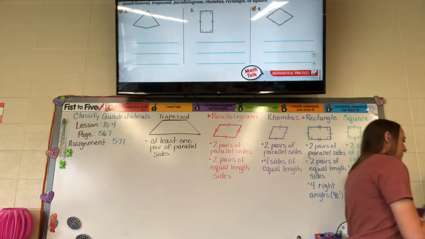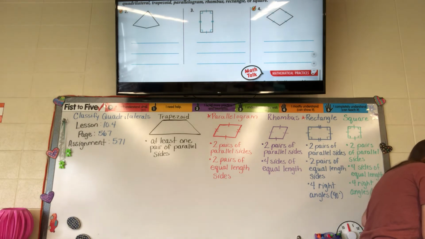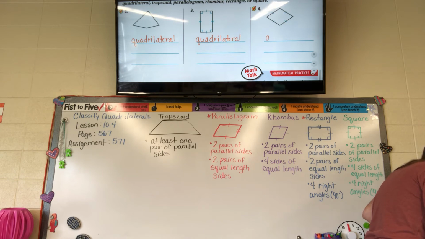So let's do that. So on number 2, it is a quadrilateral because it has 4 sides and 4 angles. So is number 3 and number 4. So the quadrilateral is kind of the most general definition or classification. Okay, so all of those are quadrilaterals.